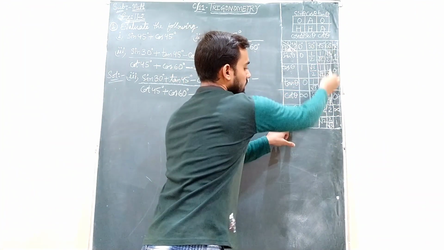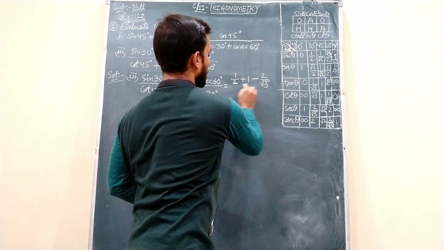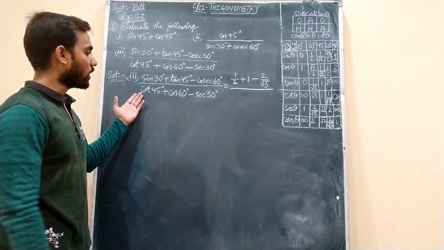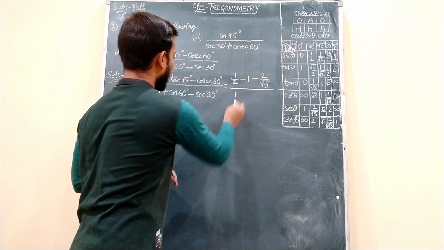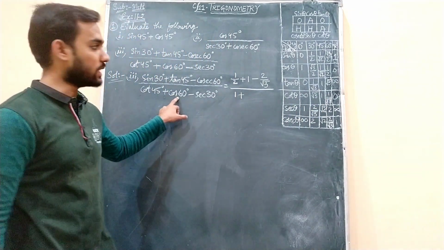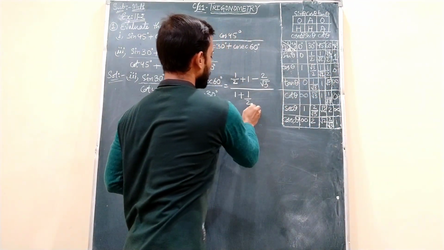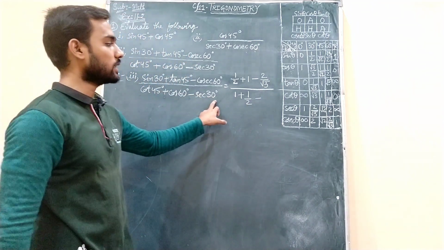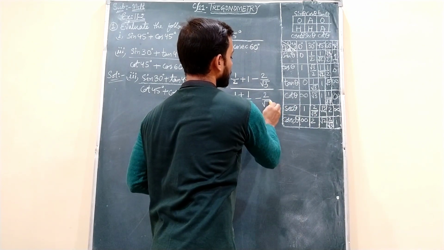Cosecant 60 degree is 2 by root 3 whole divided by, now coming to denominator part, cot 45. Cot 45 is 1 plus cos 60 degree. Cos 60 degree is 1 by 2, then minus secant 30 degree. Secant 30 degree is 2 by root 3.